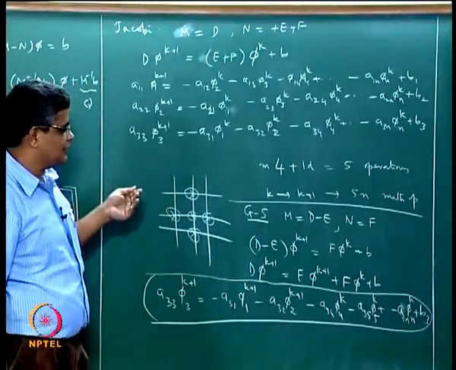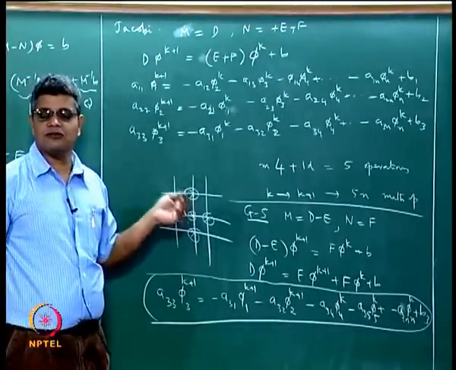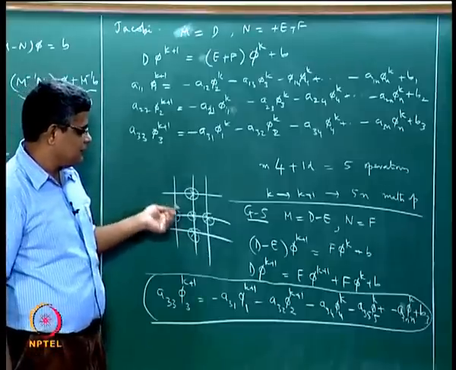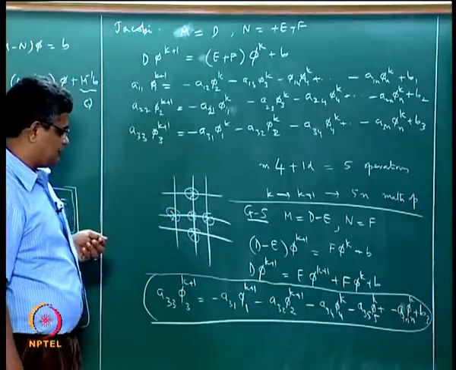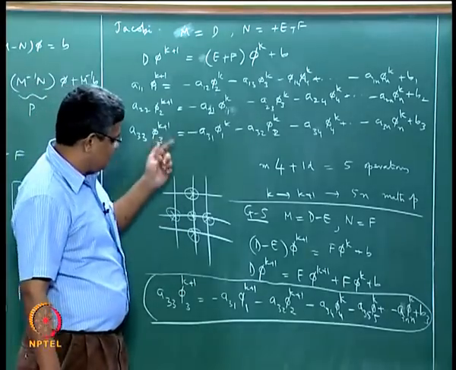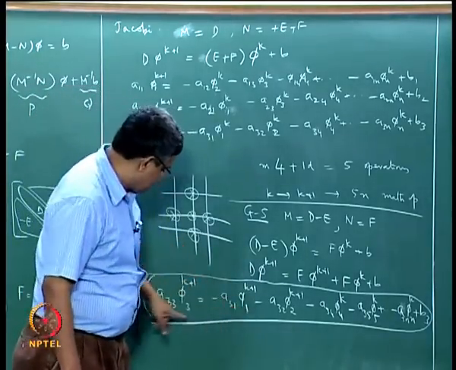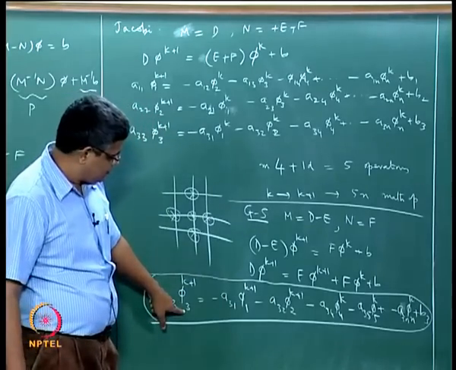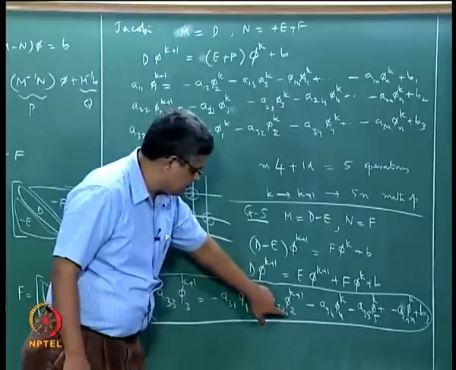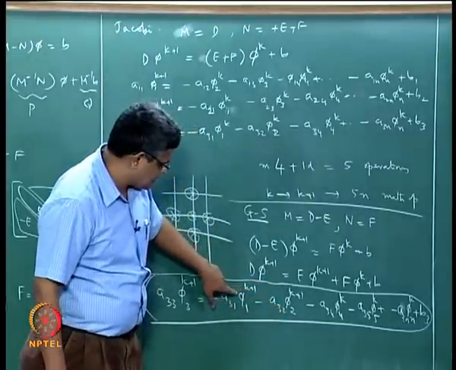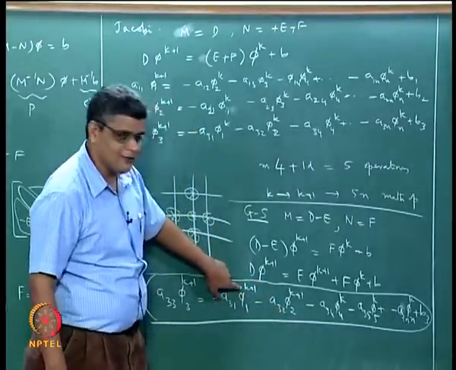So the generation of the k plus 1 solution from the k solution does not require an additional number of mathematical operations. The difference that we see is that if you are solving the third variable, the previously computed variables, that is phi 1 and phi 2, are approximated using the latest values.